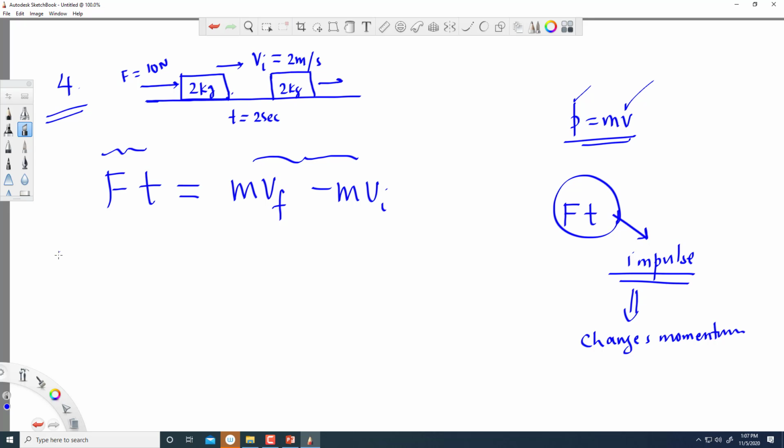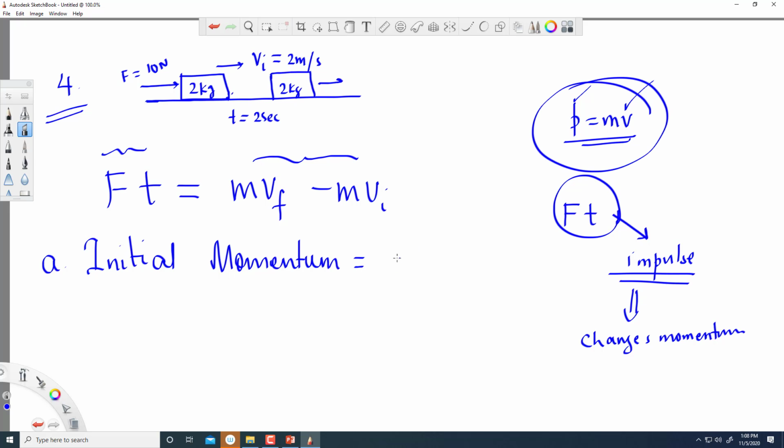So let's answer number 1, A. What is the initial momentum of the object? Initial momentum is, formula for momentum is mass times velocity.